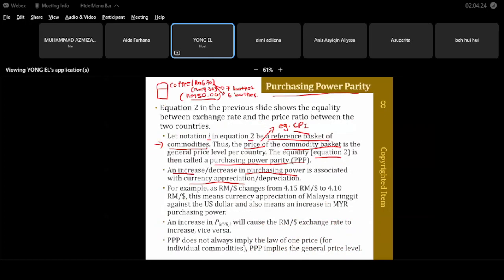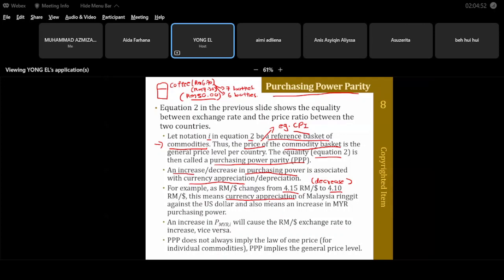For example, as the exchange rate changes from 4.15 to 4.0, this is a decrease. This means currency appreciation of the Malaysian ringgit against the US dollar, meaning the ringgit becomes stronger against the US dollar.